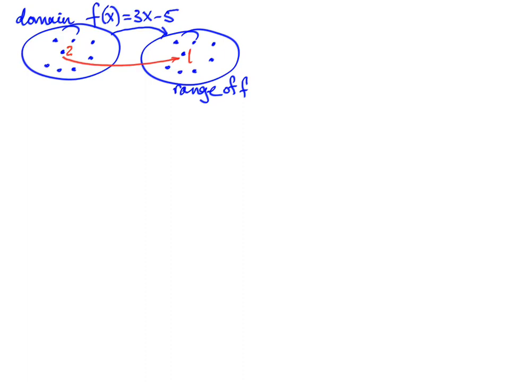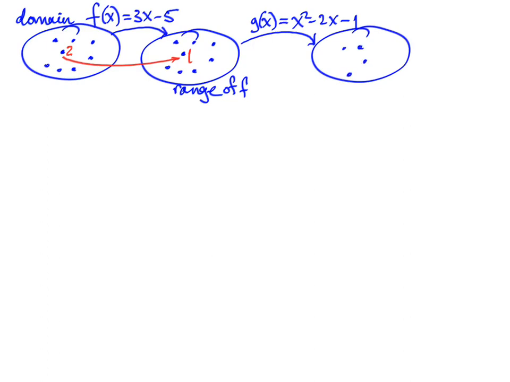All right, so what if then we apply the function g of x to that? And g of x, remember, was x squared minus 2x minus 1. We land in some other set and have some numbers. In particular, the number 1 got sent to 1 squared minus 2 times 1 minus 1, which ends up to be negative 2.